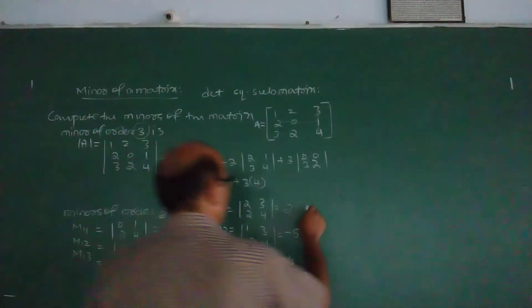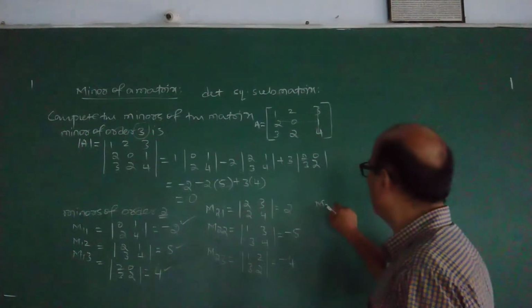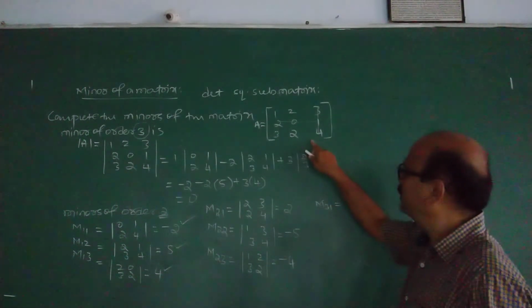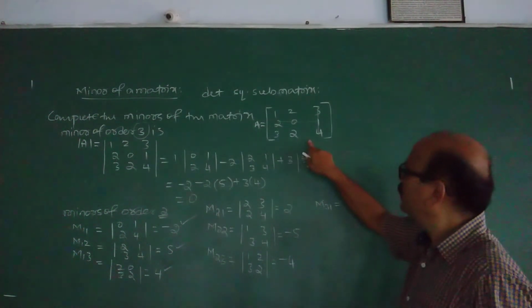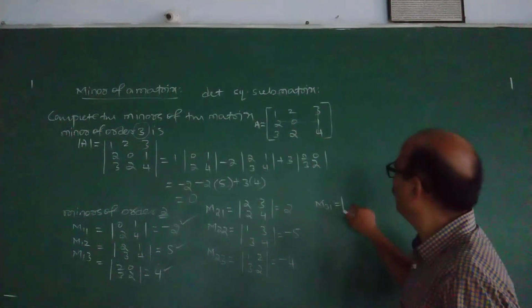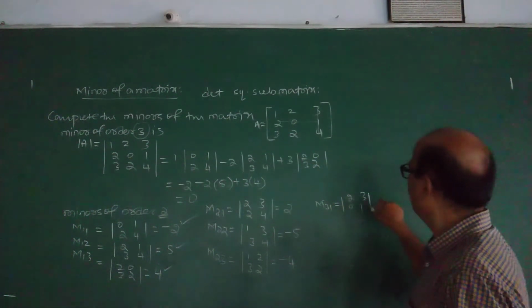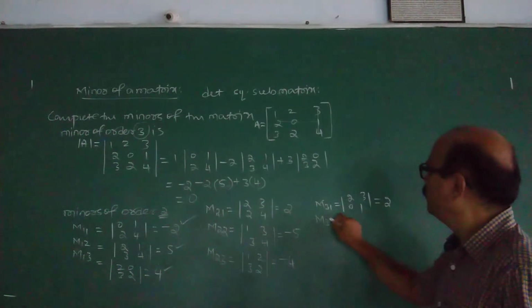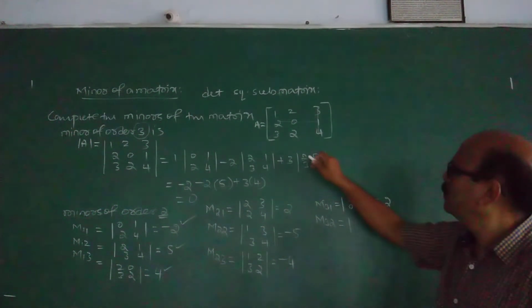Further, I write M31. What is M31? M31 means third row, first column. Therefore, 2 3 0 1. It is 2. M32. What is M32?